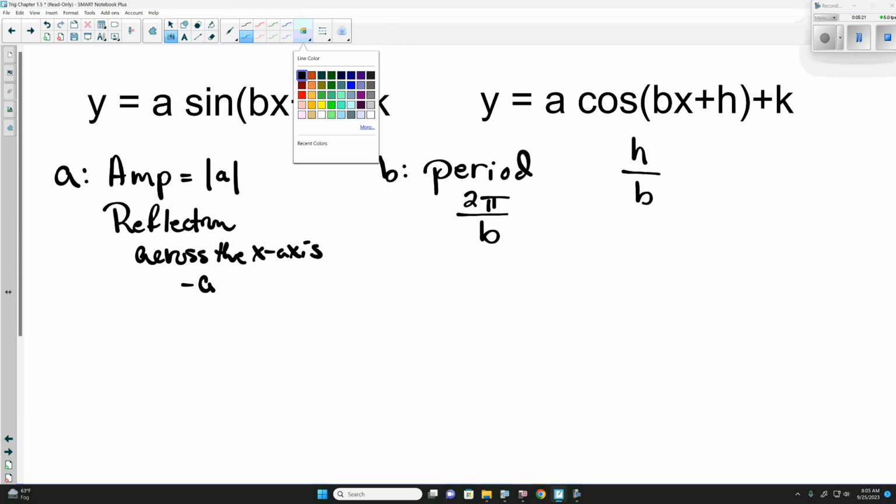That color. Oh, that's fine. Both of those need to be minus.